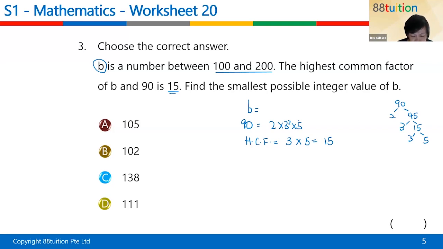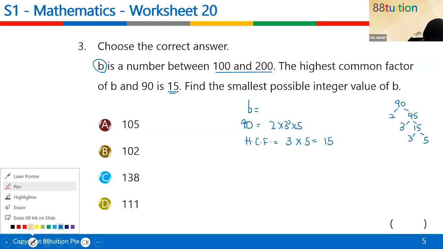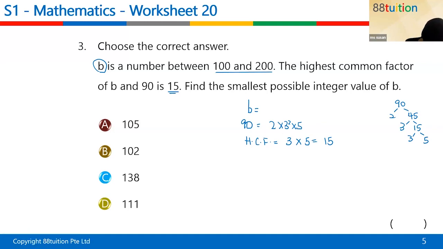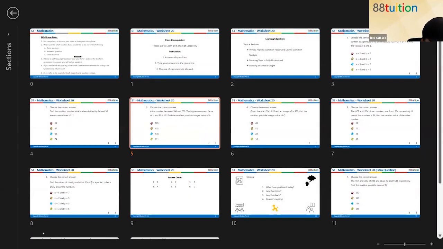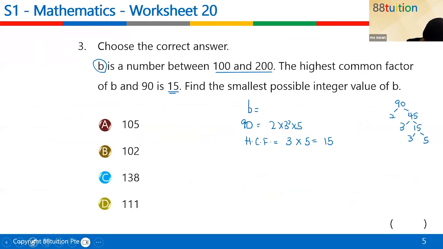And I now take a look at the common factor. The common factor has a 3 here. Okay, you have a factor of 3, but you have a factor of 3 to the power of 2 here.